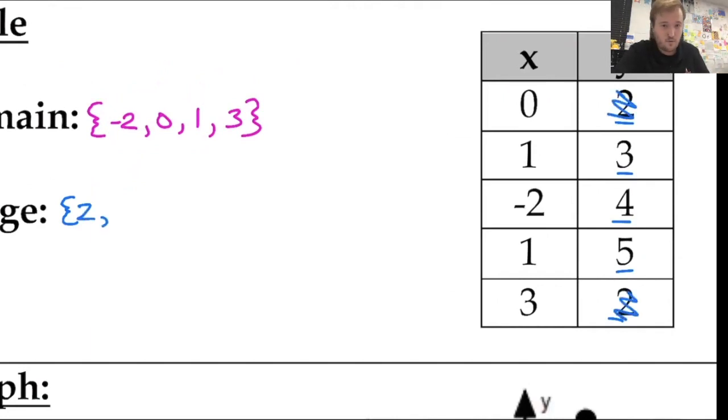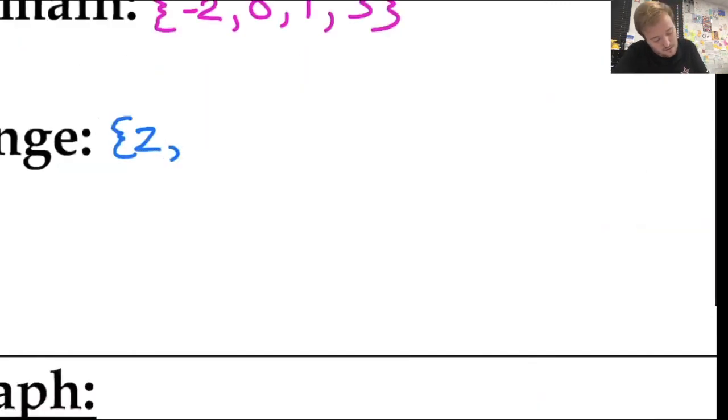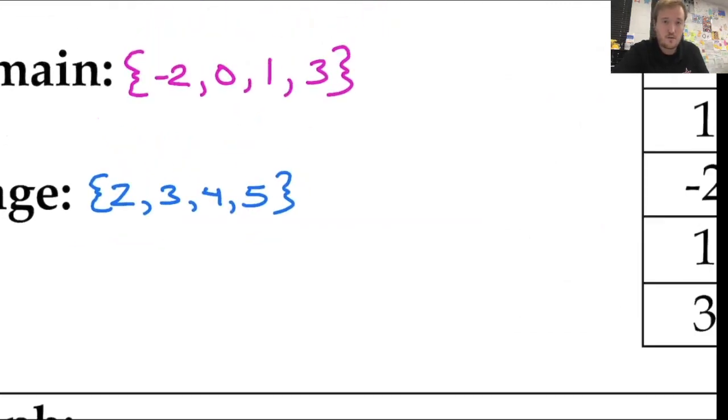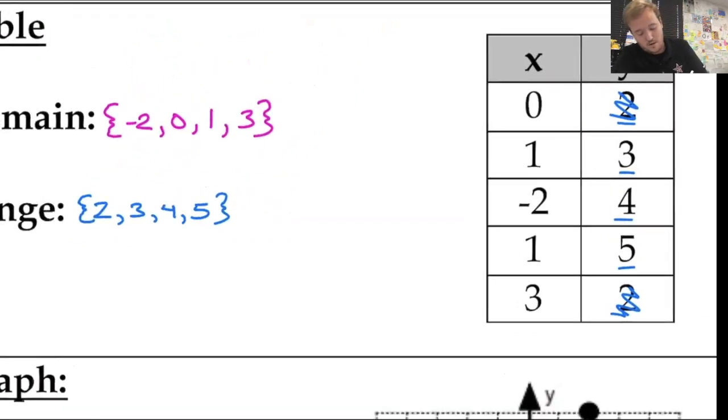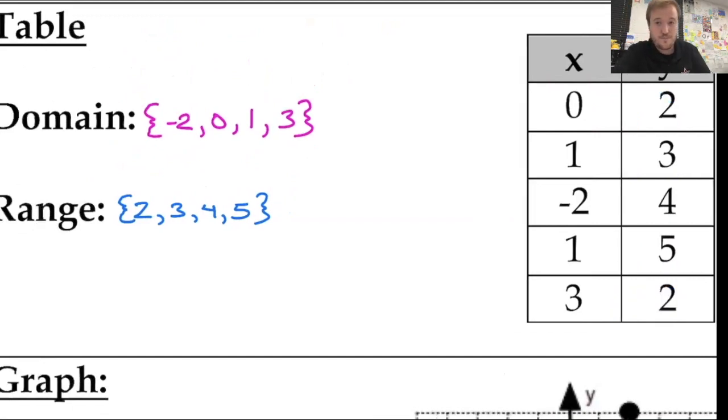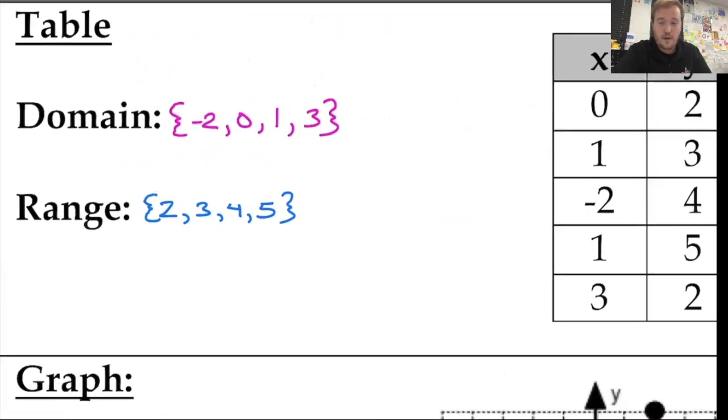Then we have 3, 4, that's a terrible comma, and 5. My right brackets are always so much better than my left ones. I don't know why. I think it's because I'm left-handed. Anyways, even though we have 5 data points, we only have 4 elements in both the domain and the range.